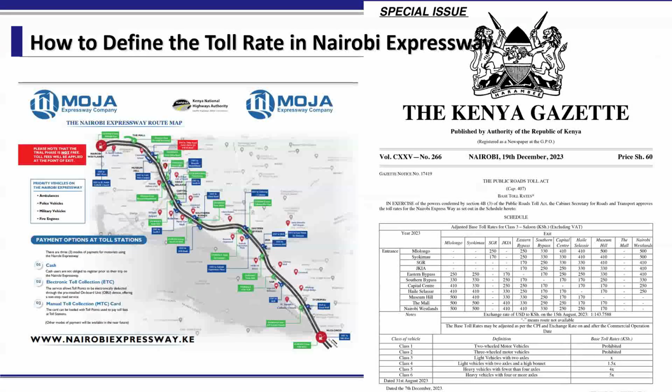Then frankly speaking, currently I didn't introduce the toll fee for the Nairobi Expressway. And I reviewed some toll ratios for class 3, just the standard toll fee for expressway users. Then we can identify from Nairobi to Mombasa Road 500, 410, 330, 250.